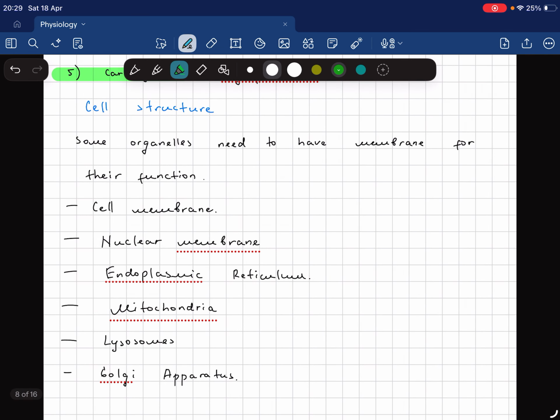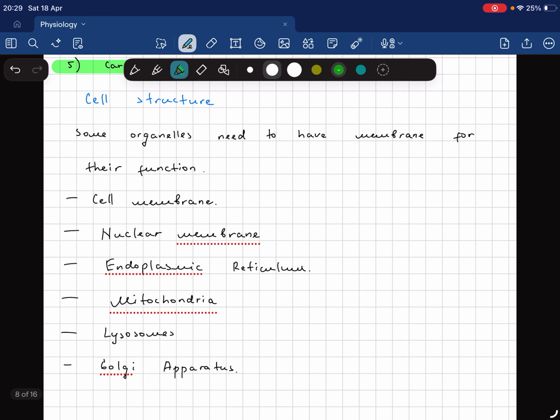Okay, next let's talk about the cell structure. Some organelles need to have a membrane for their functions because they do have special functions inside. For example, the nucleus contains DNA, so it must separate itself from the cytoplasm. That's one reason. There are also some organelles which have a membrane.